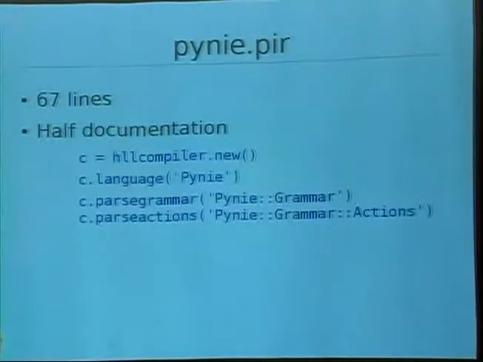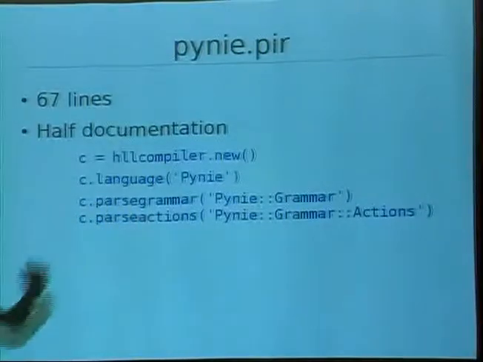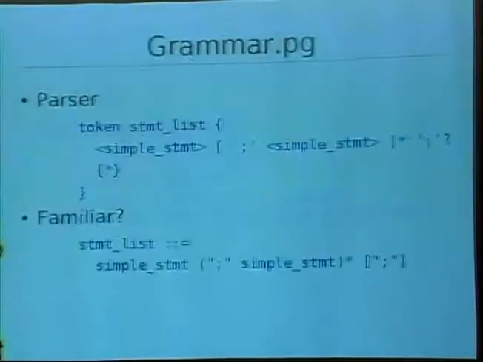We implemented a lot of the core infrastructure that you need for creating a compiler as a library so that you can use it in any language implementation. Tell it the language is Pynie, tell it where to find its parser, and tell it where to find its parser actions, which is how it translates the parsed stuff into something that it can actually execute.